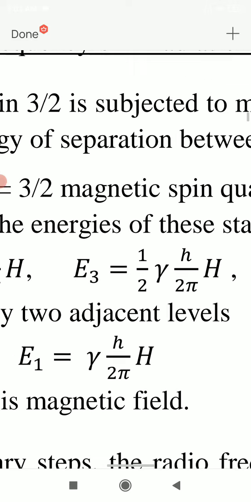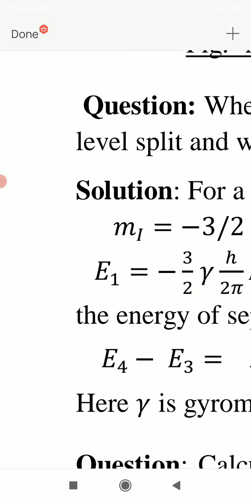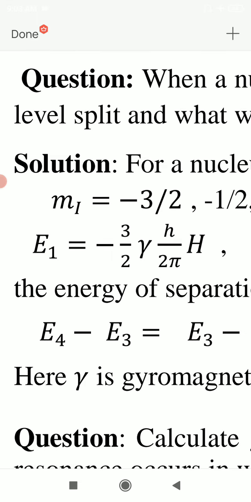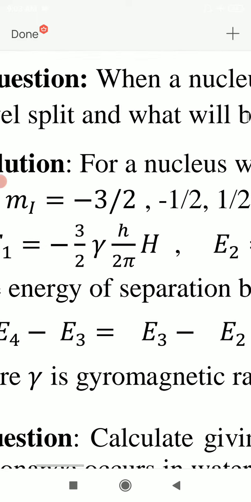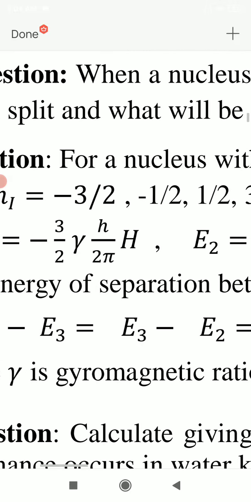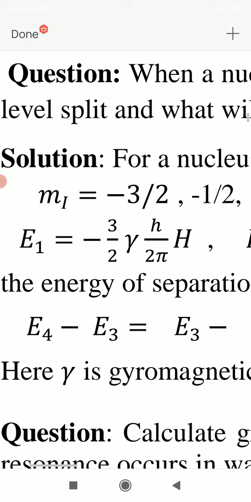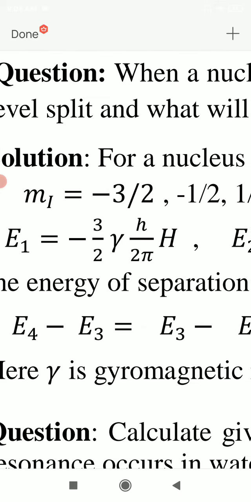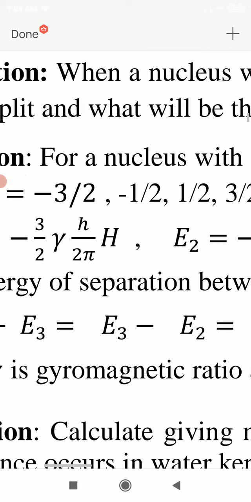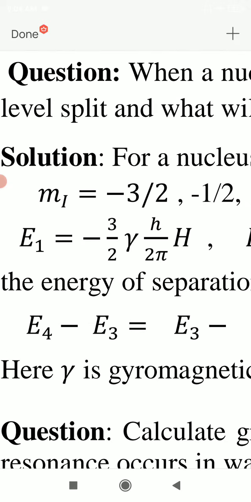E1, E2, E3, and E4. For Mi equal to plus 3 by 2, we have this value E1, that is minus 3 by 2 γh upon 2π into capital H. So this is the value of energy for Mi equal to plus 3 by 2.